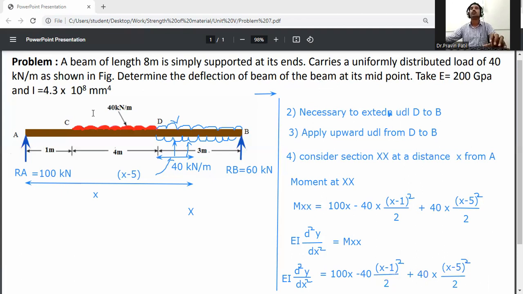Integrate this equation with respect to x. Write it down as equation 1, which we need to integrate with respect to x.